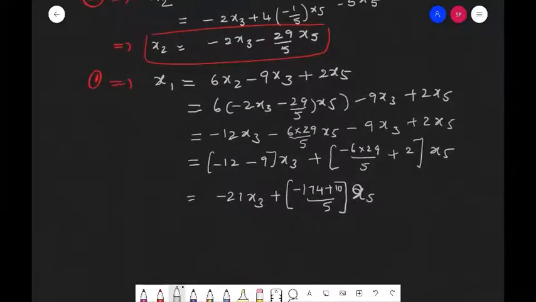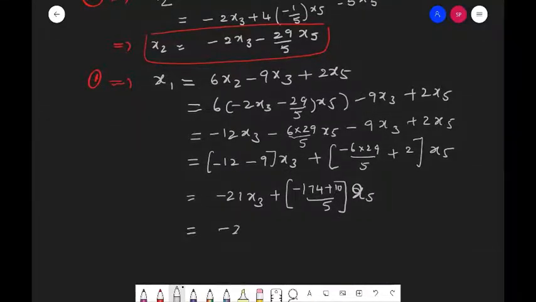So this is equal to minus 21 x3 minus 164 by 5 x5. This is the x1 value.